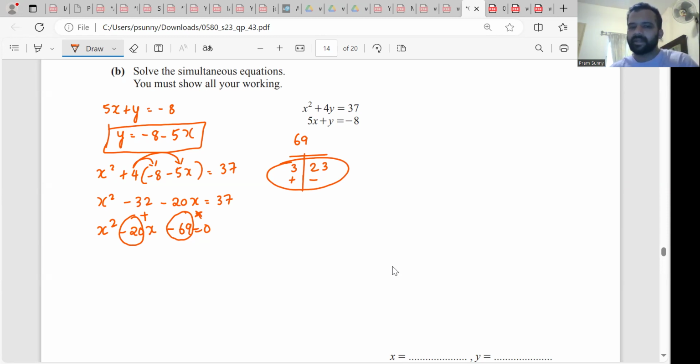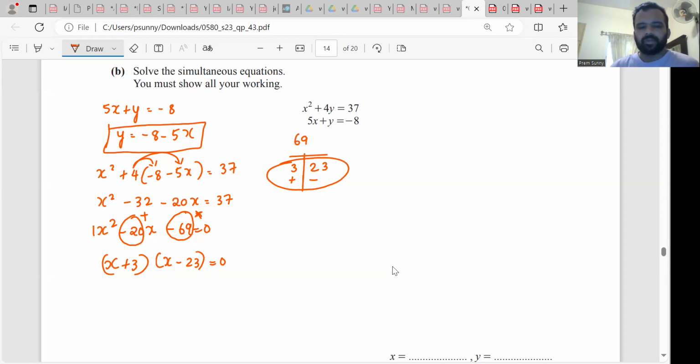Yes, it satisfies the condition. So when you factorize this, you will get x plus 3 into x minus 23. This method will be possible only if your coefficient of x square is 1. The coefficient of x square here is 1. That is why I have used this method. Otherwise, I would have preferred the formula method or something like that.